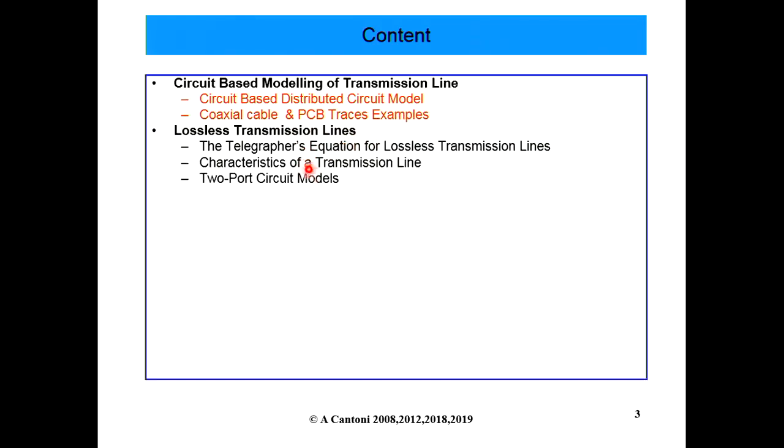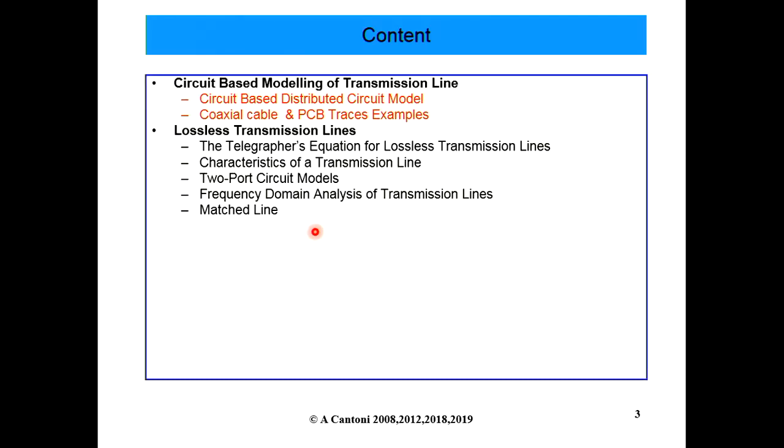Then we'll look at analysing a lossless transmission line, and from that we'll be able to get a 2-port circuit model. We'll also be looking at a frequency domain analysis of the transmission line, and a special case, which is the matched line.